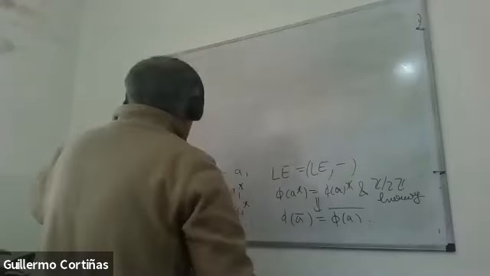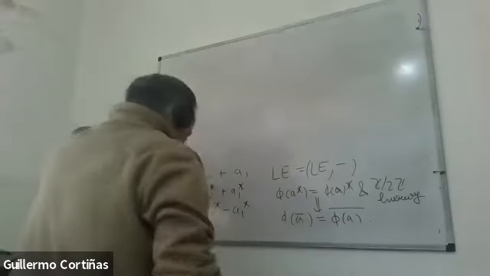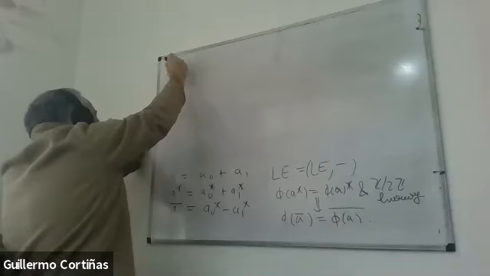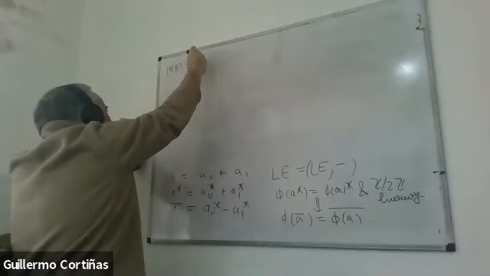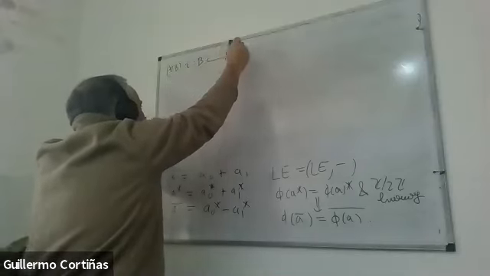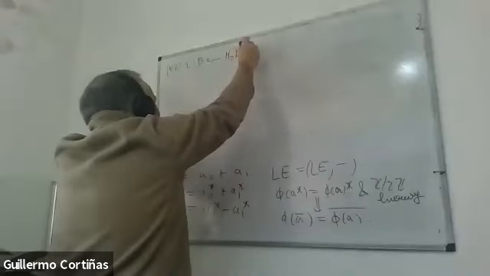I need one more piece of notation. So for every algebra B, I write iota for the upper left-hand corner inclusion in the 2x2 matrices.